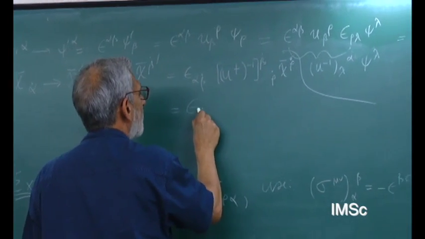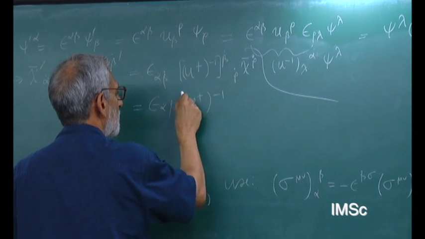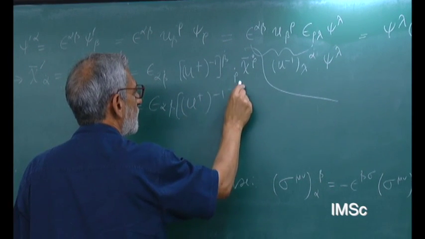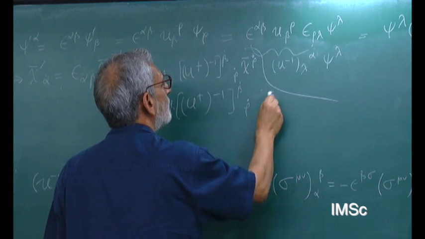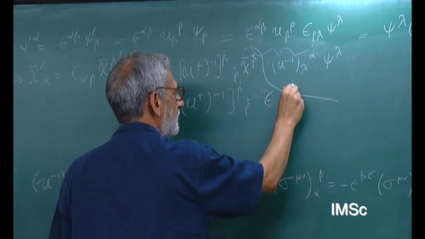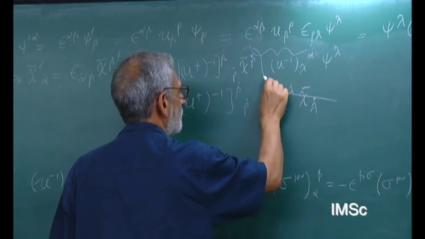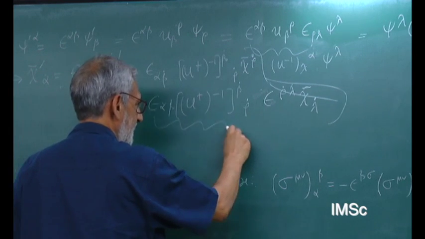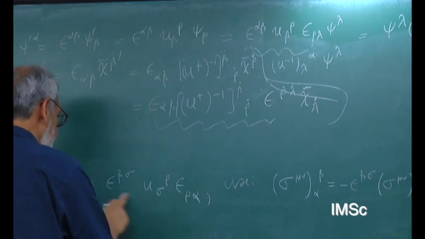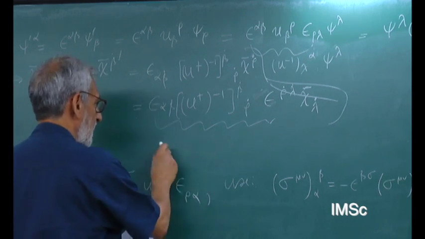And rewrite this as epsilon bar, epsilon bar, U dagger inverse, and a corresponding identity here for U replaced by U dagger, both sides. I'll give you an answer.